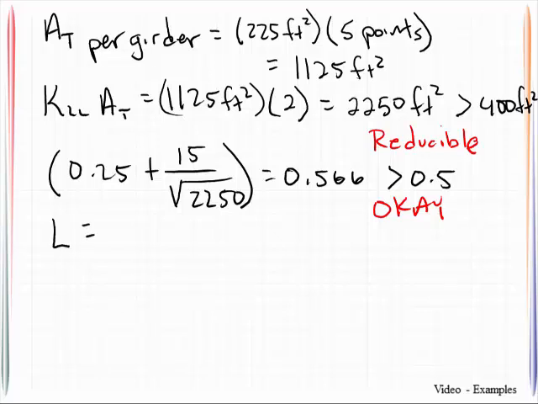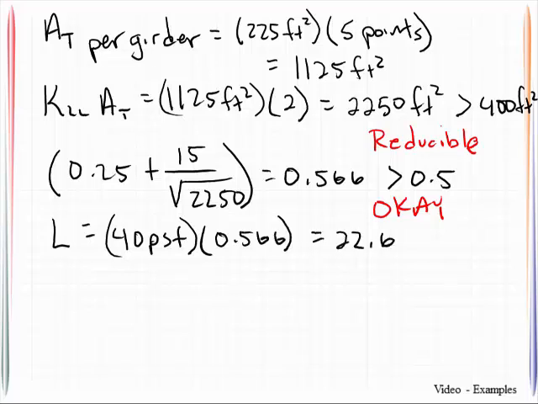So now we can compute what the reduced live load is going to be. That's the 40 pounds per square foot multiplied by 0.566. That will equal 22.6 PSF.